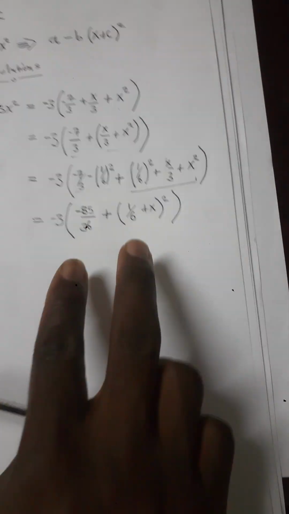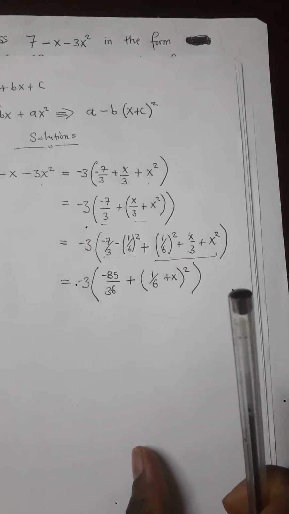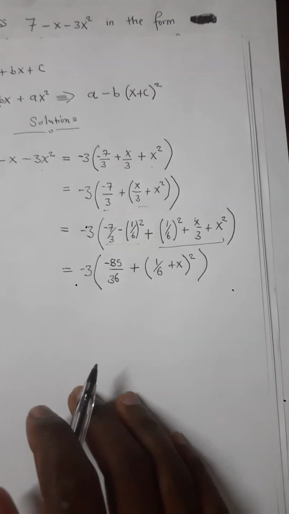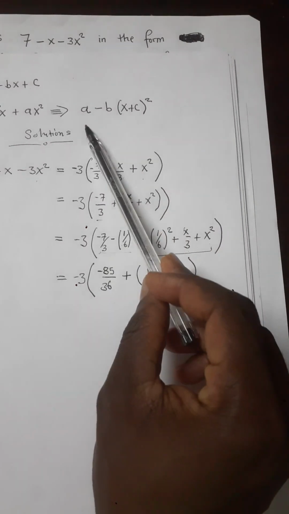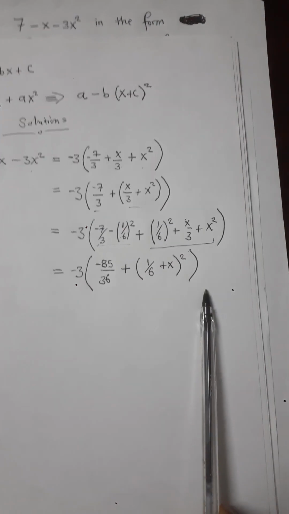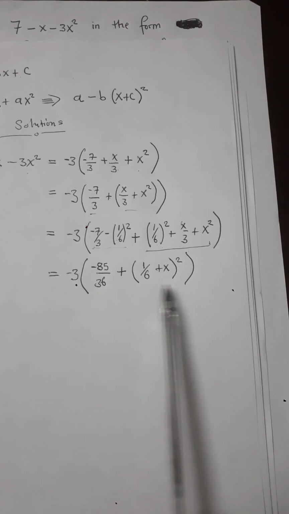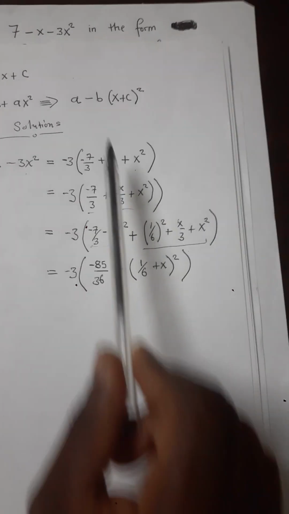When you compare this one and that form, we are almost there. We are almost done, just a matter of simplifying. When you look at this, we only have one set of brackets, but here we have two. So I need to get rid of one set of brackets, which are these ones, because they are not there.